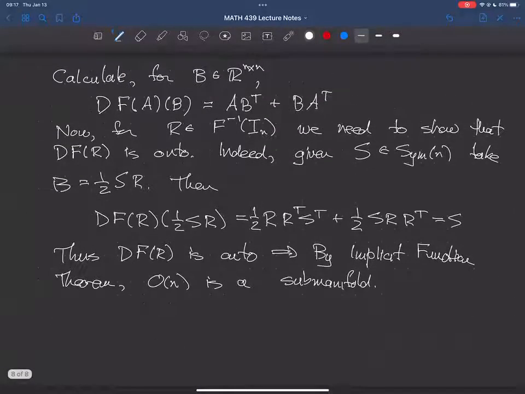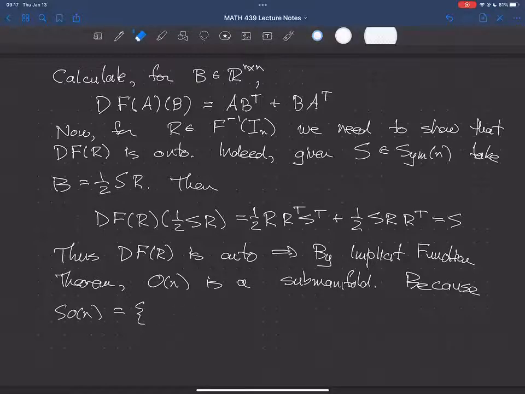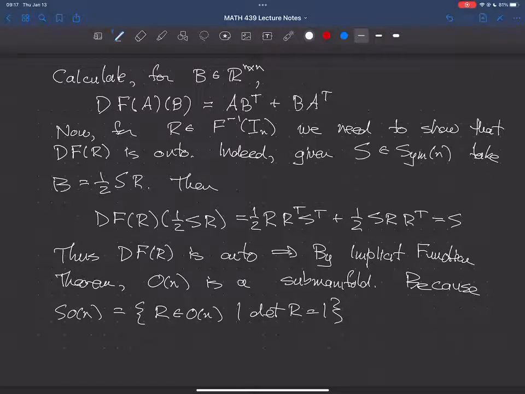And then because SON is equal to ON with R in ON such that the determinant of R is equal to 1, as opposed to the other possibility, which is -1.